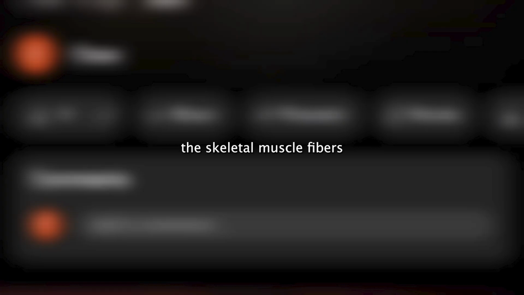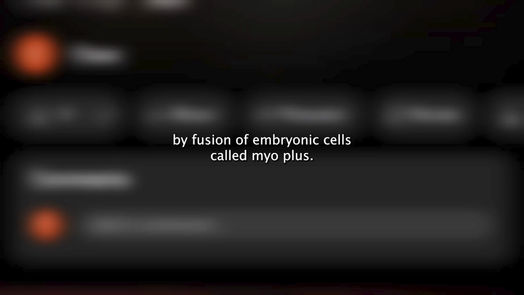Skeletal muscle fibers are enormous compared to other cells. They contain hundreds of nuclei. They're multinucleated. They develop by fusion of embryonic cells called myoblasts. They're also known as striated muscles due to the striations or stripes. Striation just means stripes.